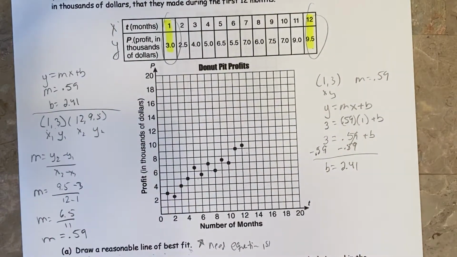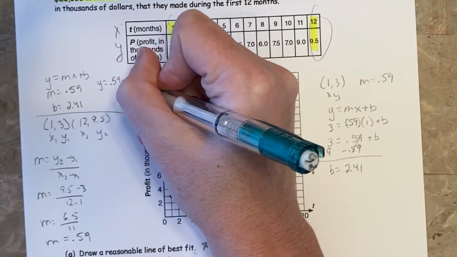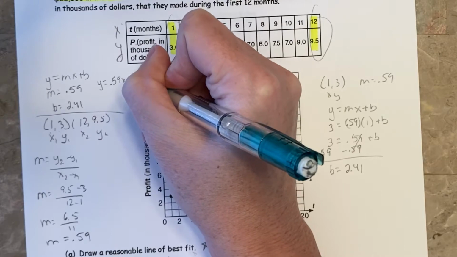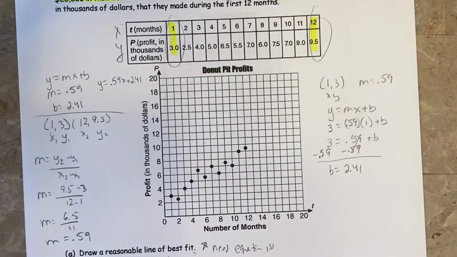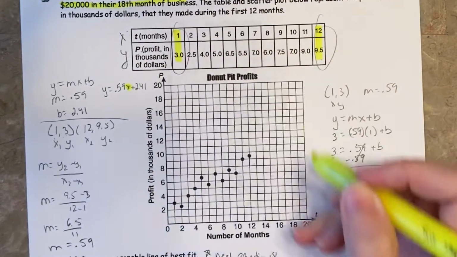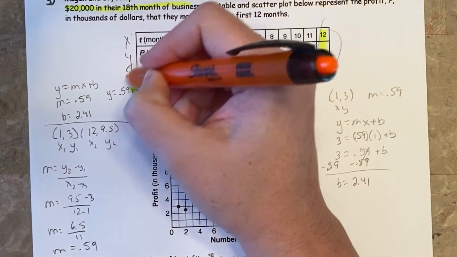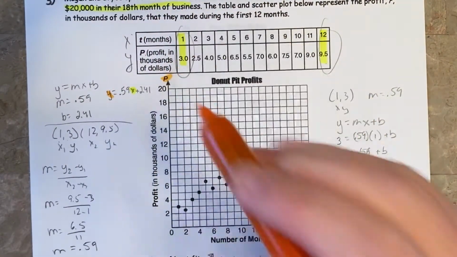All right, so now that we have all that information, now we can go ahead and make our equation. And our equation is y equals 0.59x plus 2.41. But be really, really careful because your x value is actually t, okay? And your y value is actually p.